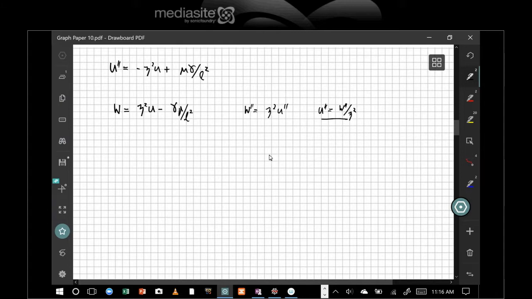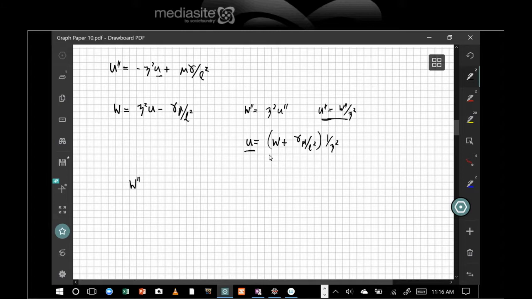Just to make things more transparent, I'm going to use this equation to solve for u. u is going to be equal to w plus gamma mu L squared, then 1 over eta squared. I'm going to take this u and this u double prime, put them into there, and get rid of the u's.